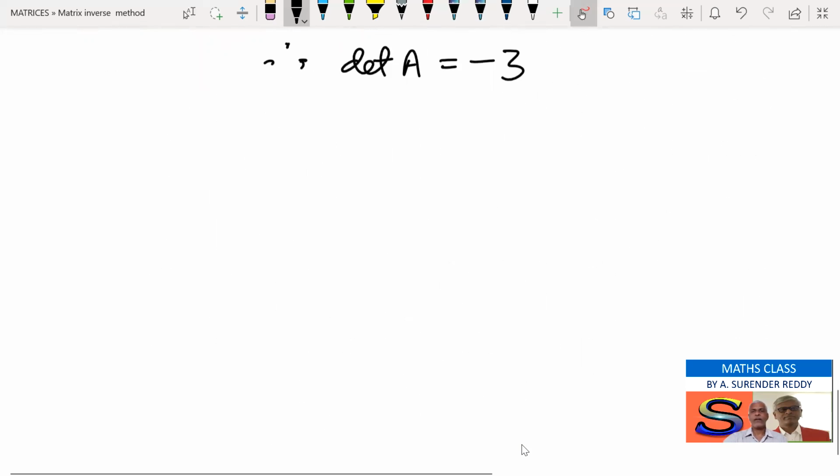So after finding the adjoint and det, we find the inverse.